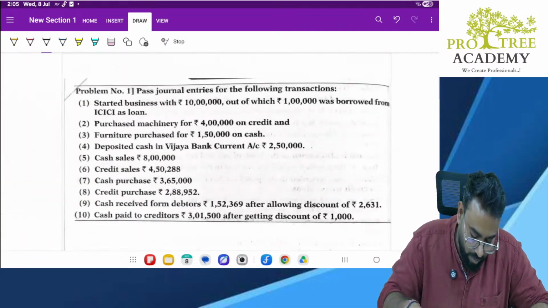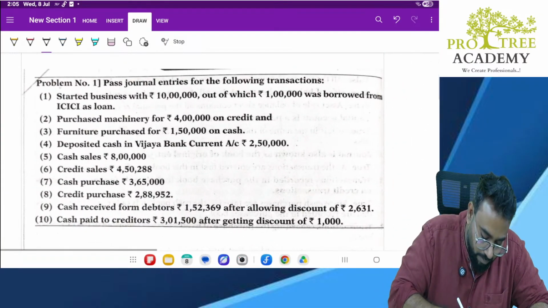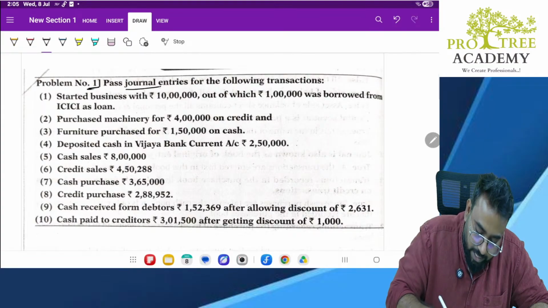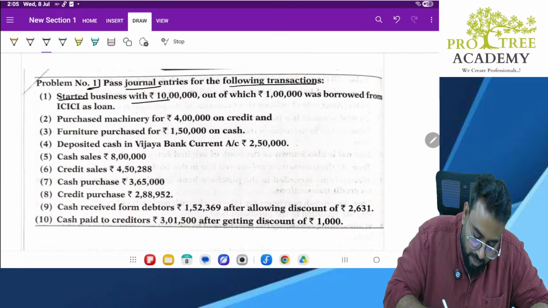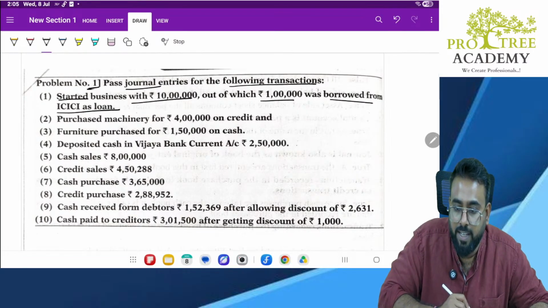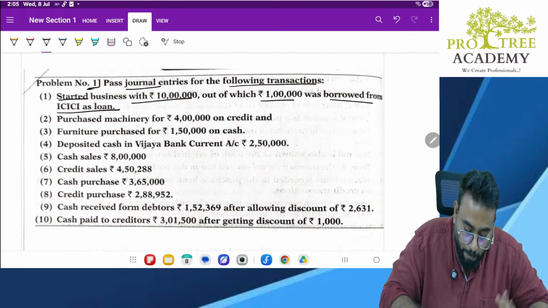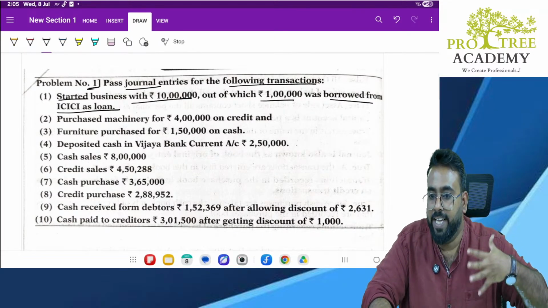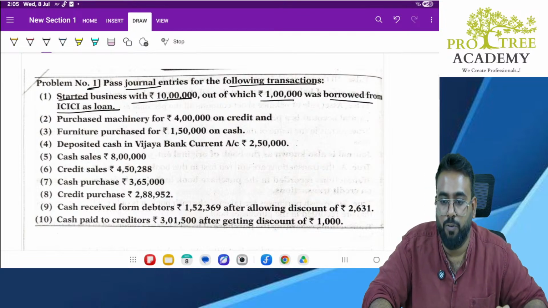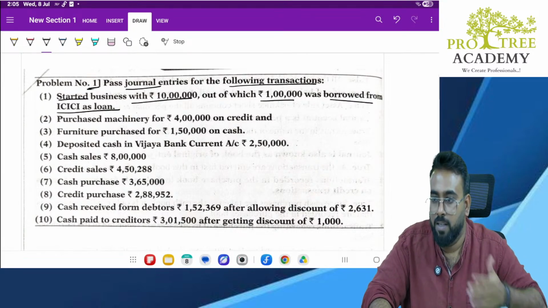Now, please see question number 1. Pass journal entries for the following transactions. Started business with 10 lakhs, out of which 1 lakh was borrowed from ICICI as a loan. So first thing is, when we start business of 10 lakh rupees, it means we are introducing the capital.